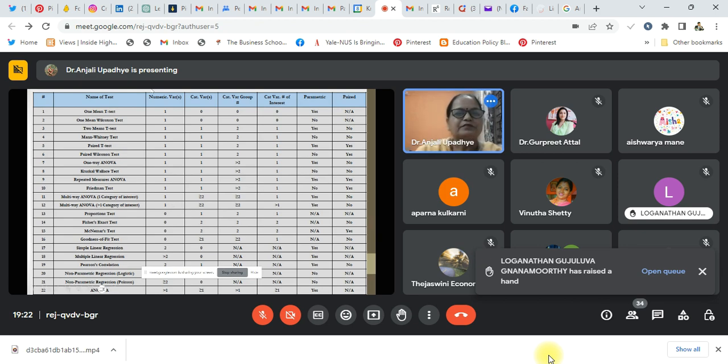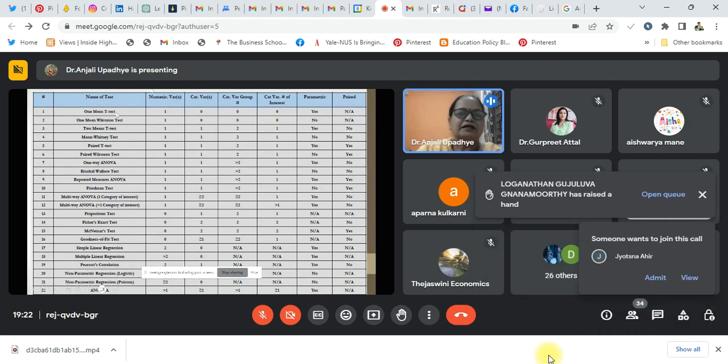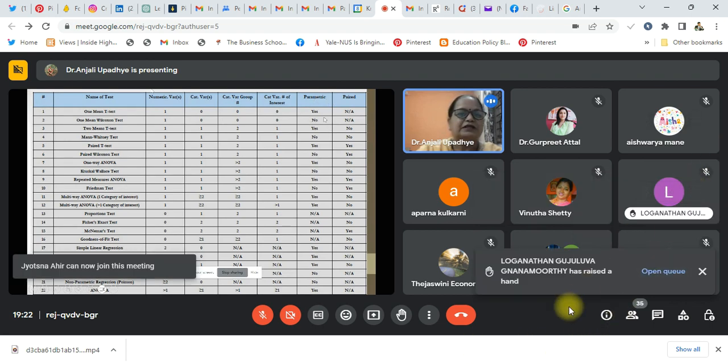Take the example where the numerical value is 1 and the categorical values are all 0. Therefore, I am using the one sample t-test. Again the numerical value is 1, but the data is not normal. Then I am using the Wilcoxon test.